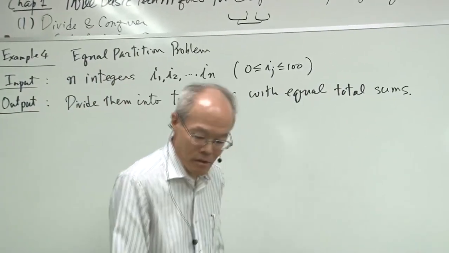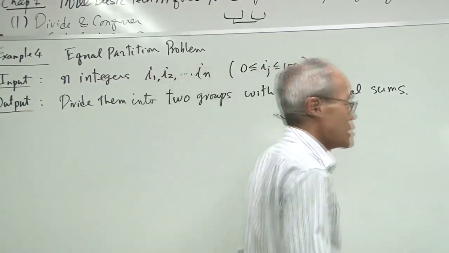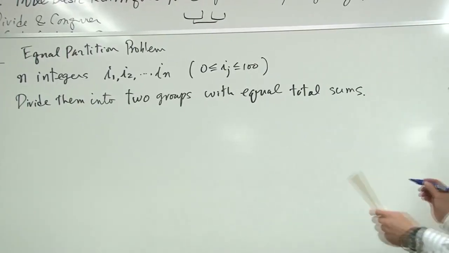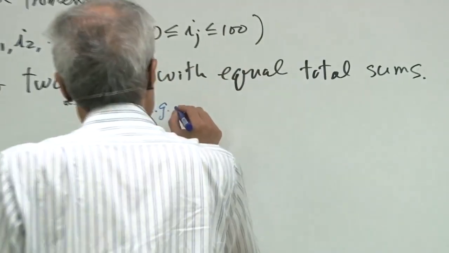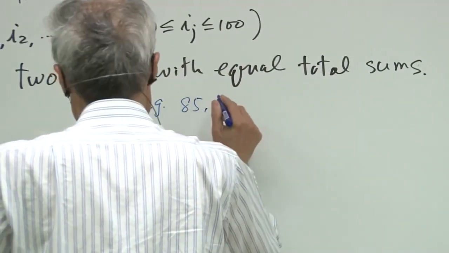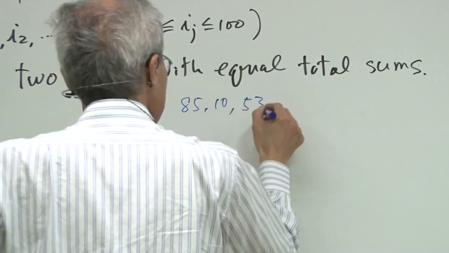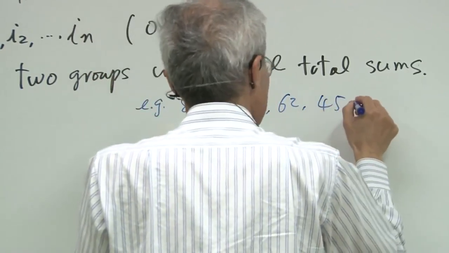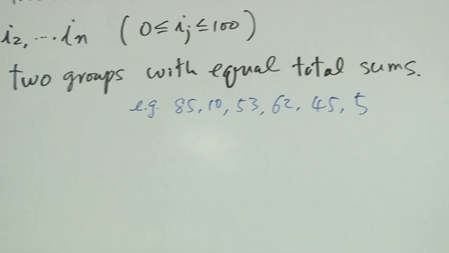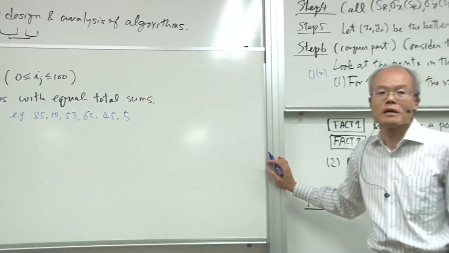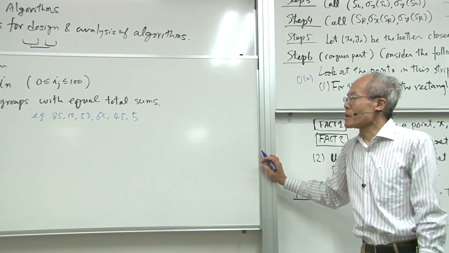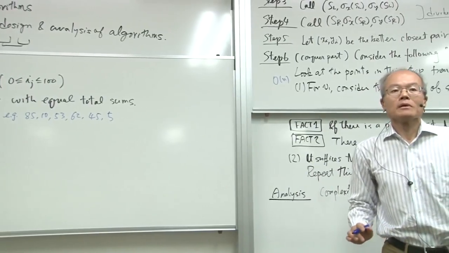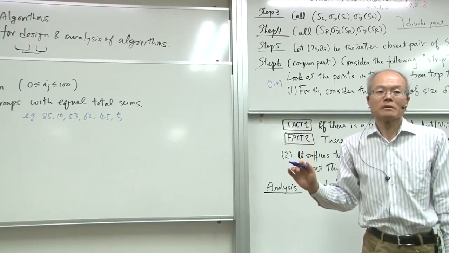What does it mean? It's pretty simple. I'll show you a simple example. So that is 6 numbers we are given. Then your job is to divide these 6 numbers into 2 groups of the same sums.